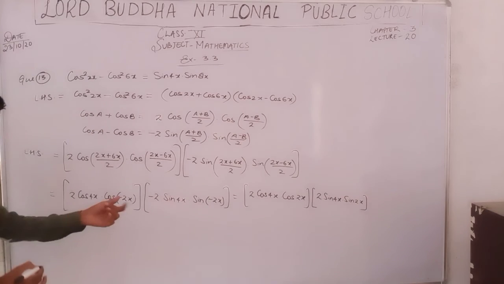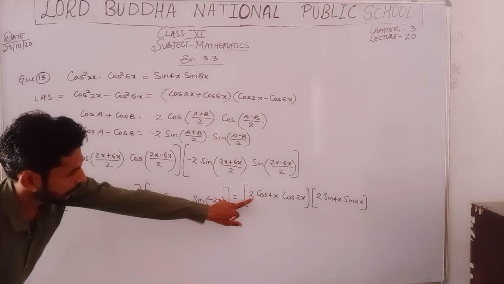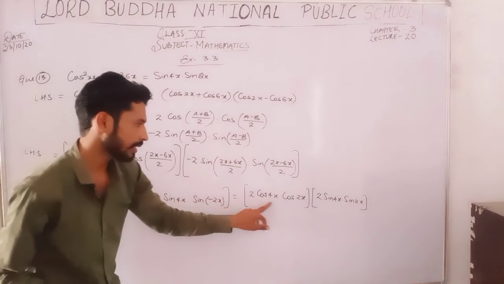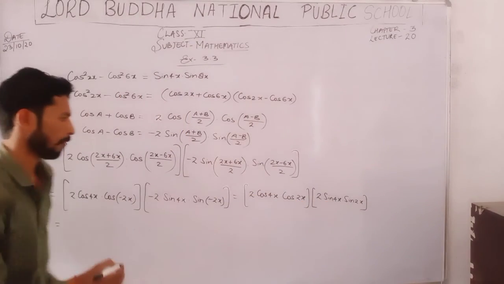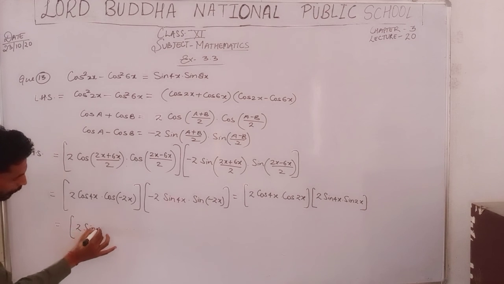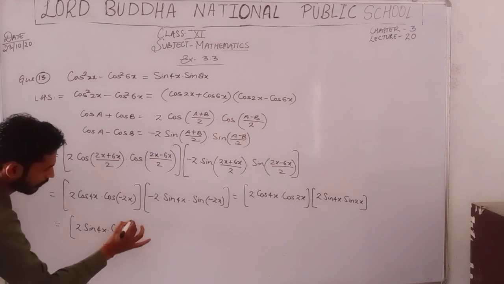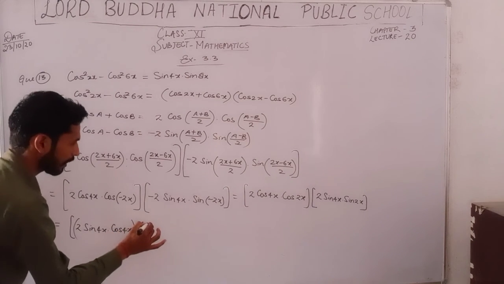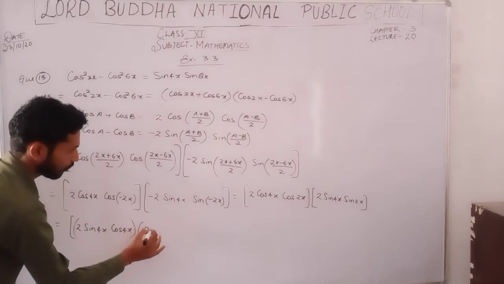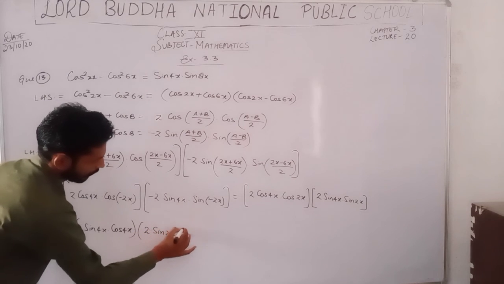Now in the next step, here is 2 cos 4x and here is sin 4x. So write 2 sin 4x into cos 4x in the first bracket, and in the second bracket 2 sin 2x into cos 2x.